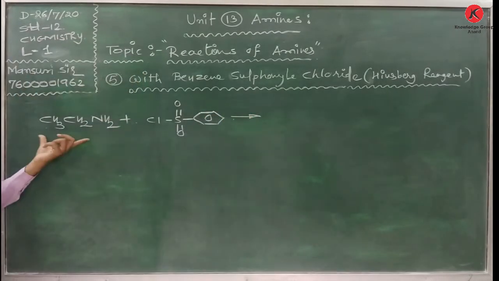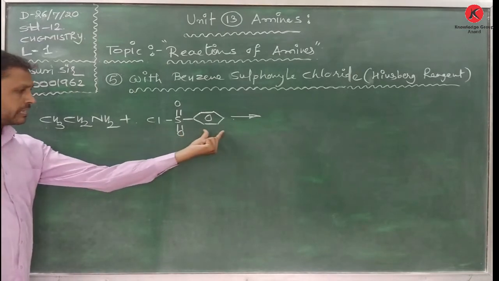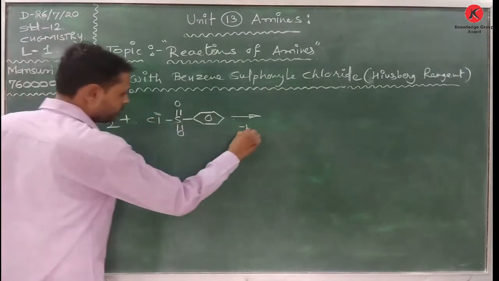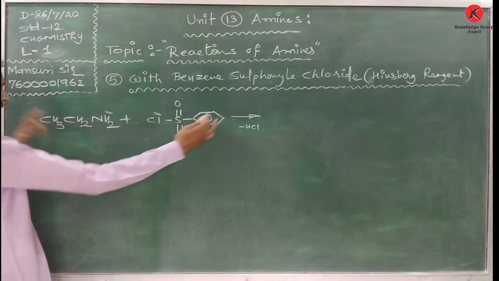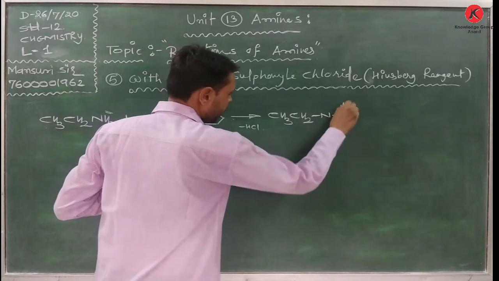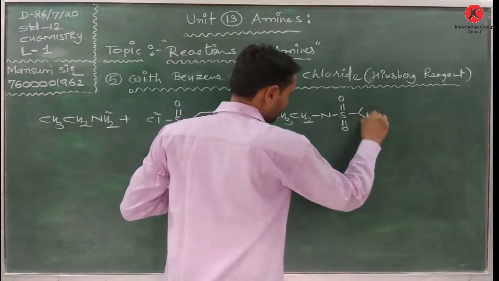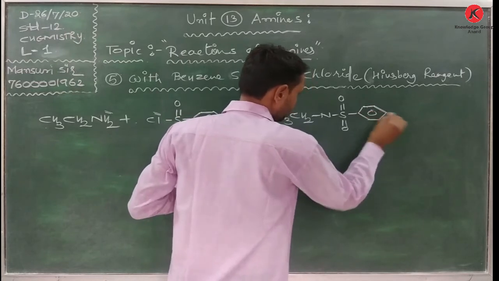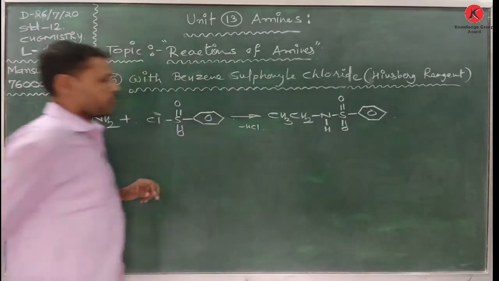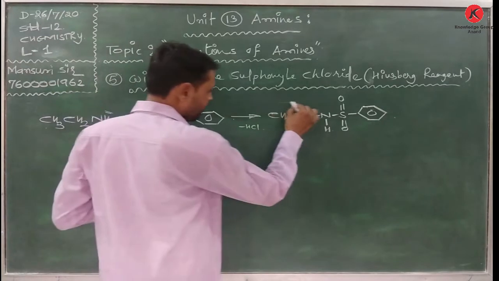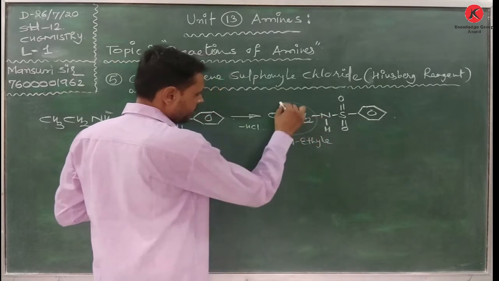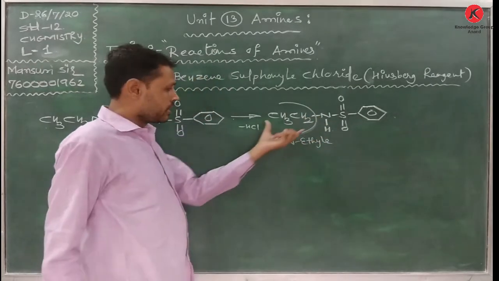So ethane amine reacts with benzene sulfonyl chloride, then hydrogen and Cl are removed as HCl, and the two parts are fused. That is why CH3CH2 is attached, and it still contains an H. The name of this product is N-ethyl, because the ethyl group is attached on the nitrogen atom.